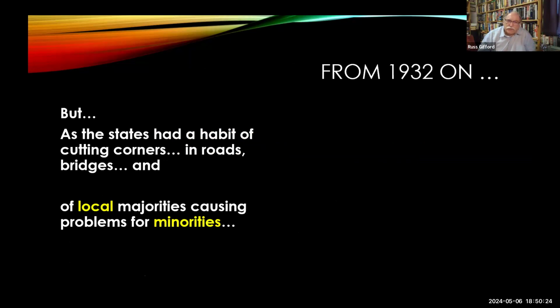Well, because as we can clearly see when we go back in history, the states have a habit of cutting corners on roads, on bridges, and of course on the one that Madison had. We talked about this a lot in those first three, the local majorities causing problems for minorities. And when I say minorities, I mean the ones that have fewer votes than the majority.